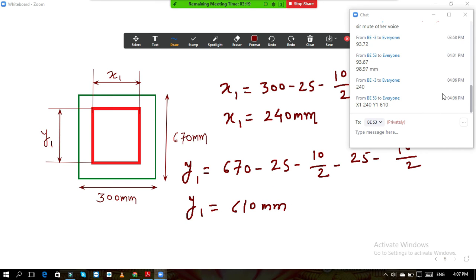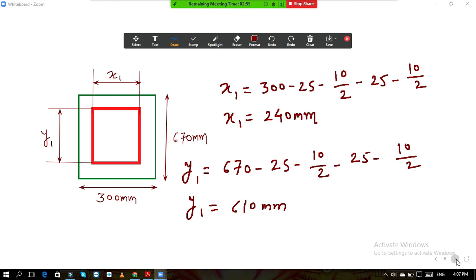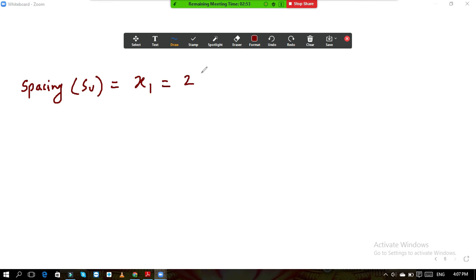Now we know the value of x1 and y1, so now calculate the spacing. Spacing SB, according to IS code, first it must be equal to x1, which is 240 mm center to center.